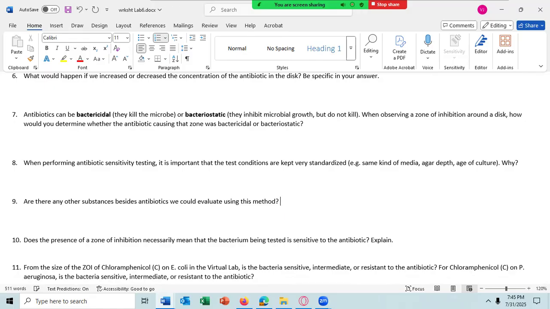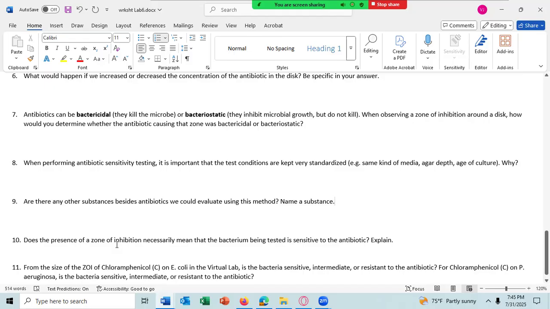And let me add there, name a substance. So don't just say yes, you need to name a substance that can be evaluated using the Kirby-Bauer method, besides antibiotics.